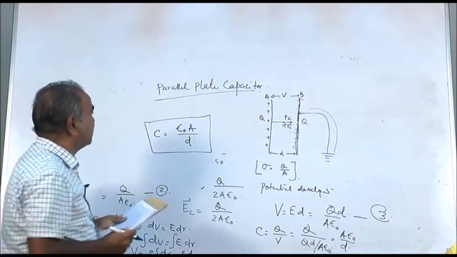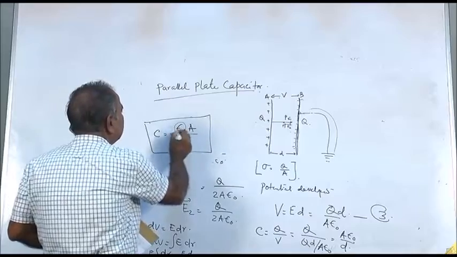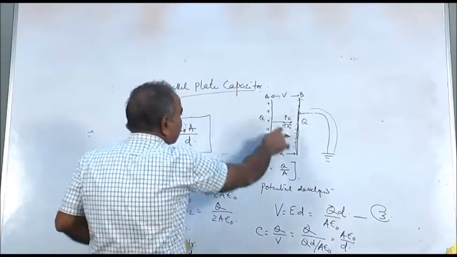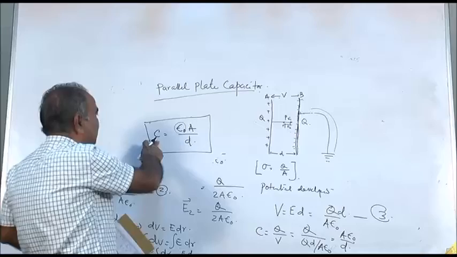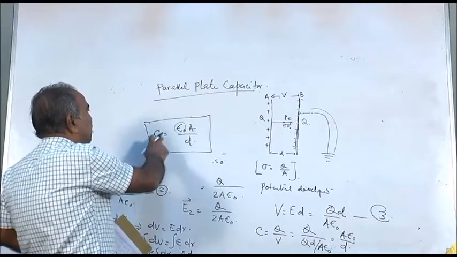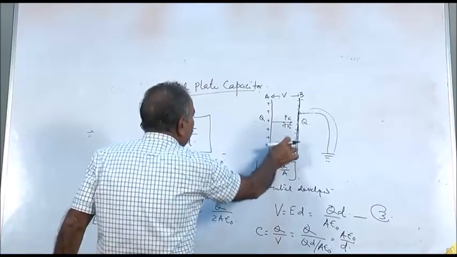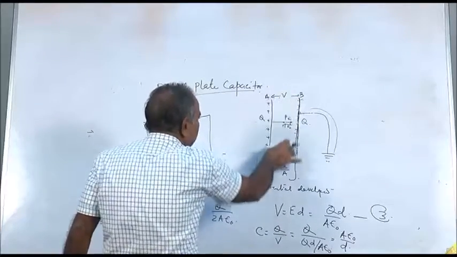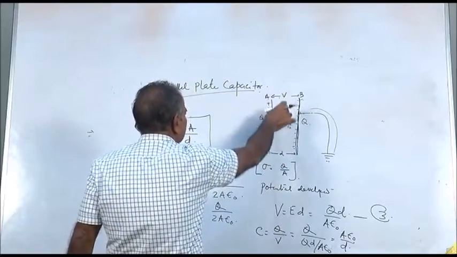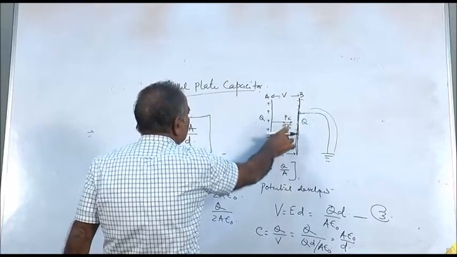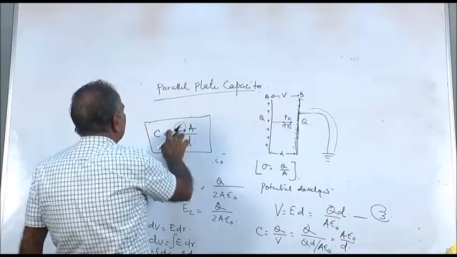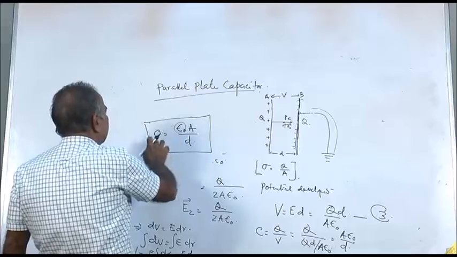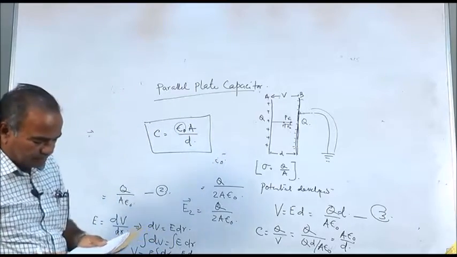Similarly, if area of cross section is increased, then capacity of a capacitor will increase. And if instead of air, you introduce some dielectric, some insulating material inside this capacitor, then epsilon will increase and capacity will be increased.